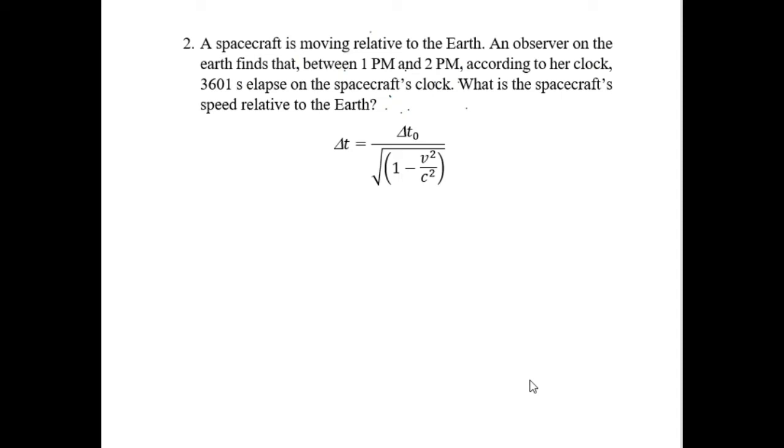Okay? Kasi nga, the concept of time dilation, yung proper time, the time recorded in the moving spacecraft, will be shorter than the time na recorded nung observer at rest. Okay? So, let's derive an equation for v.